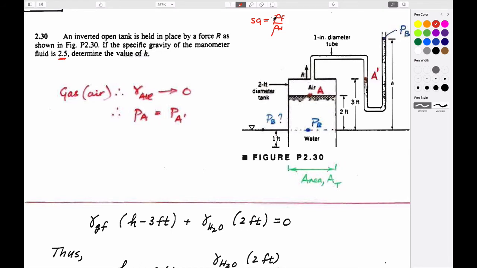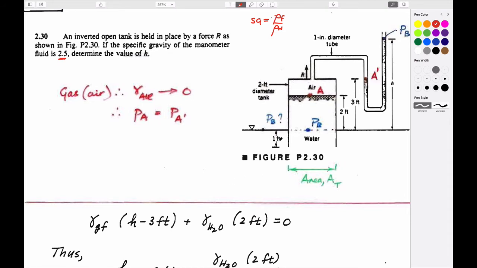So it would be 2,500 kilograms per cubic meter. Actually this one is in English units. Again, I'll repeat, your exams will only be in SI units.